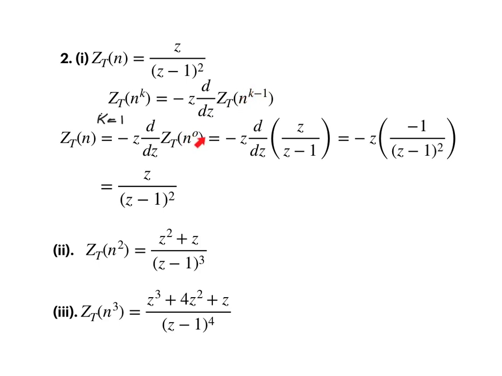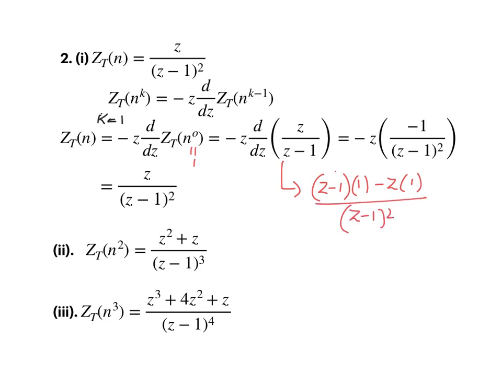So what is n power 0? It is 1. This will become z transform of 1. Z transform of 1 is z by z minus 1. So we have written minus z d by dz of z by z minus 1. While differentiating this, we apply the quotient rule. So if we apply the quotient rule, we get z minus 1, differentiation of the numerator z is 1, minus z, differentiation of the denominator z minus 1 is 1, divided by z minus 1 whole square.